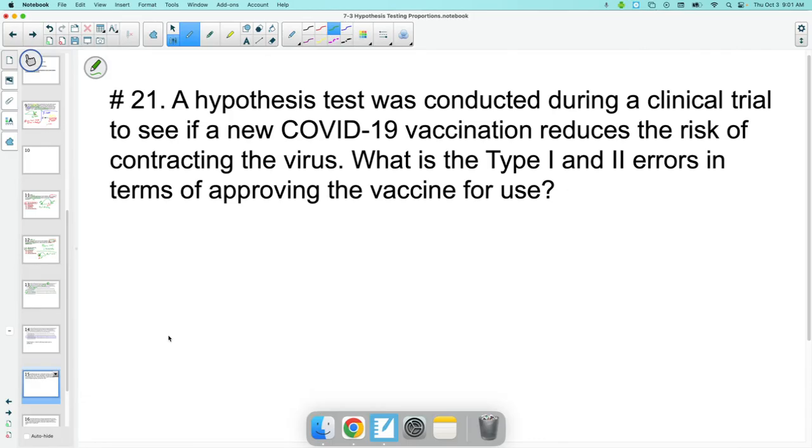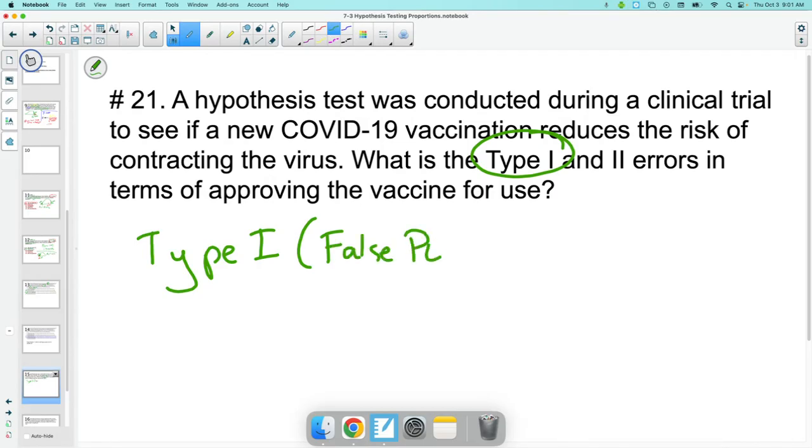So I grabbed this one too. So what would be a type 1 and a type 2 error with a sort of vaccine, right? So hypothesis, whatever that might be, what would be a type 1 error? How might we say that? Type 1, in other words, a false positive. How would we phrase that?